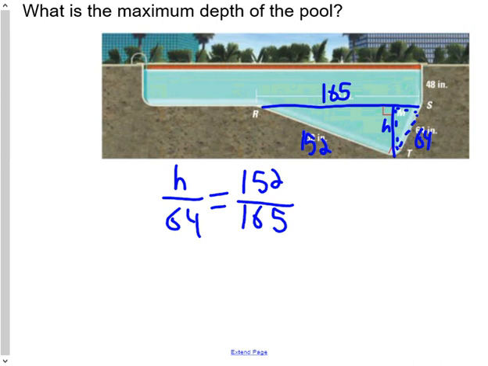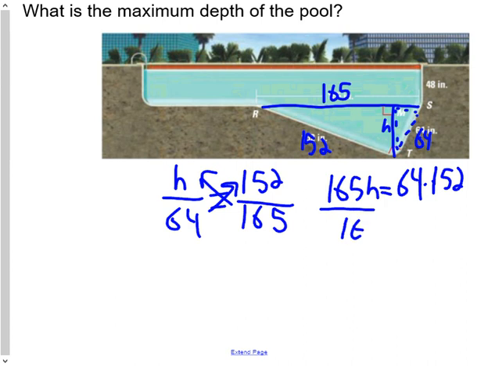Now this one's not as nice a number, so on the calculator, again, cross multiply and divide. 165h equals 64 times 152. And when we divide these on the calculator, I got that h was about 58.96 inches. Again, rounded. Now, h is not our answer.